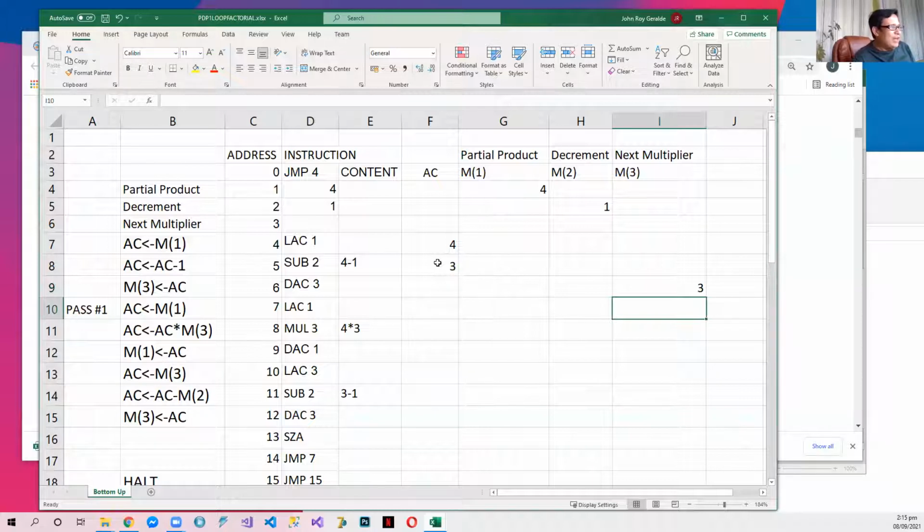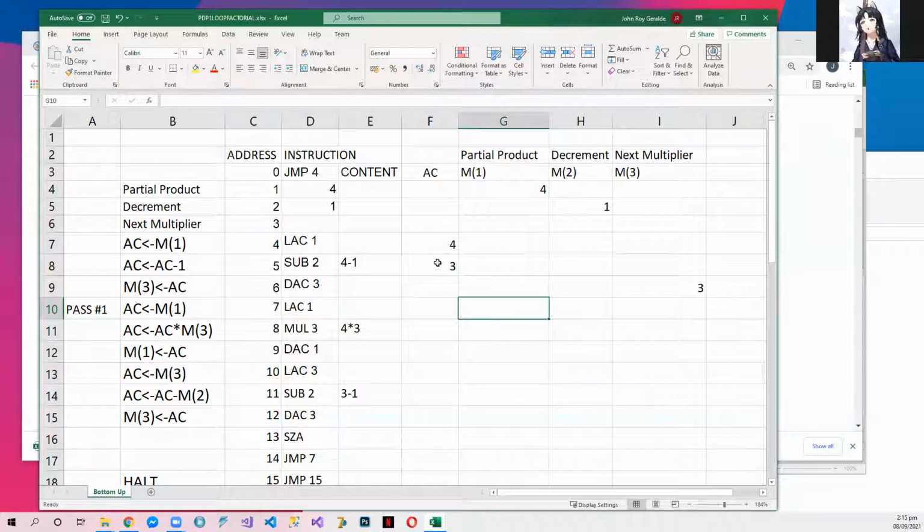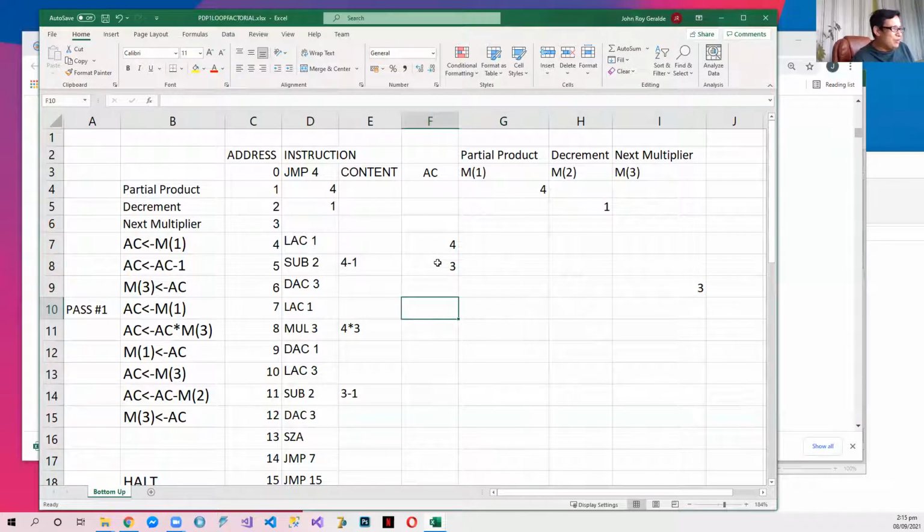And then now we have again LAC 1. Yes, sir. So pareho lang, di ba? It's just like Python and C#. They have changed the vocabulary, but the logic is the same, okay? LAC 1, so this is 4, right? 4, and then we say mul 3. So the content of 3 is what?